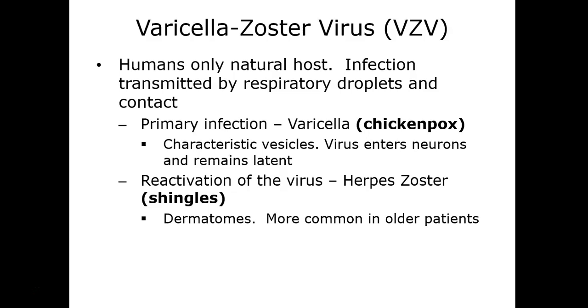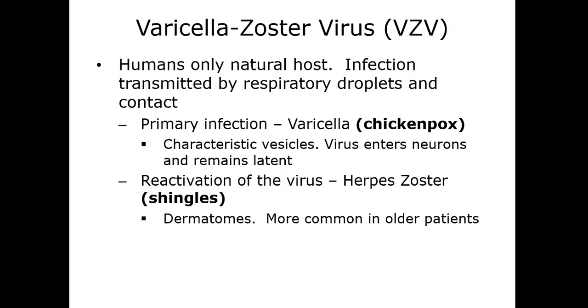The primary infection is known as varicella, which is what we call chickenpox. It is diagnosed by the vesicles that form, and the vesicles, sometimes called a vesicular rash, occur in successive crops. So you find them in patches on the body on different surfaces.